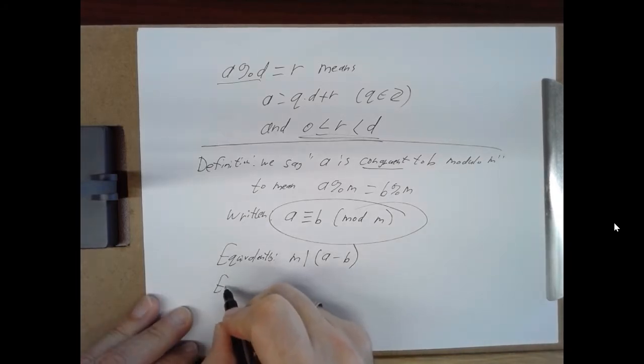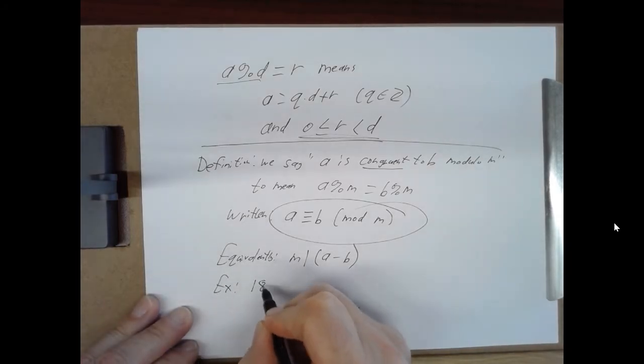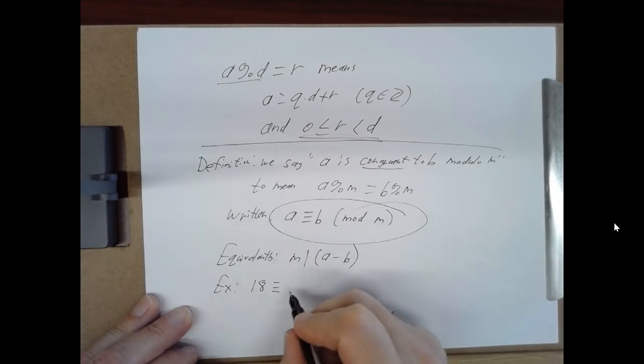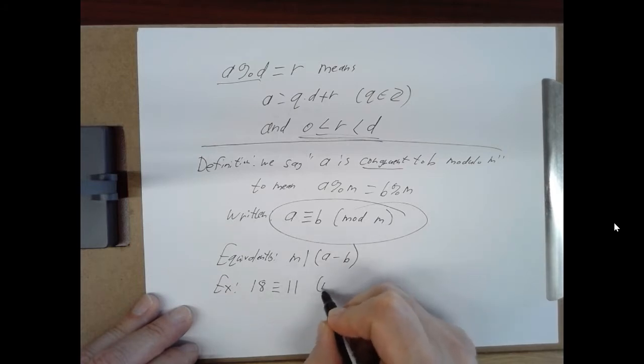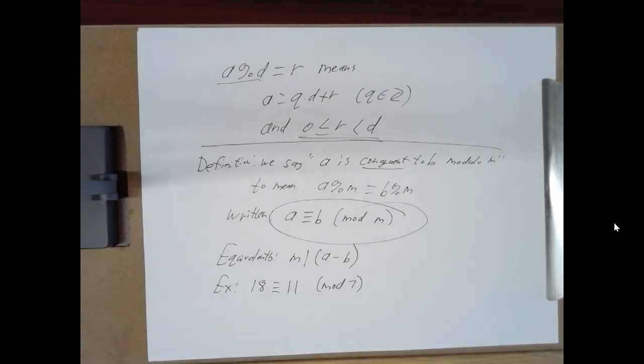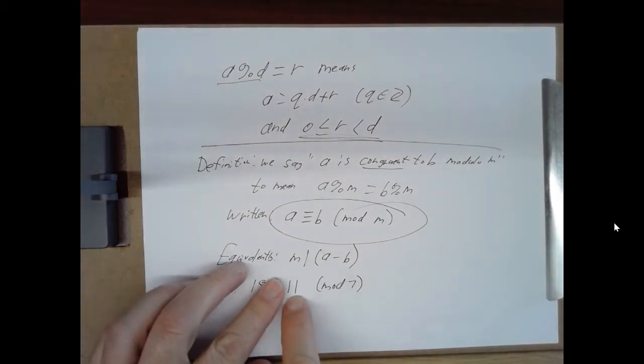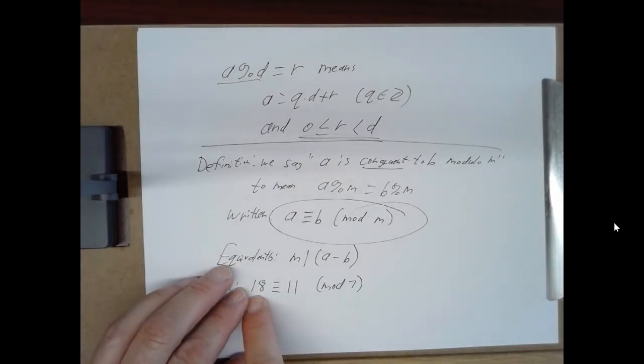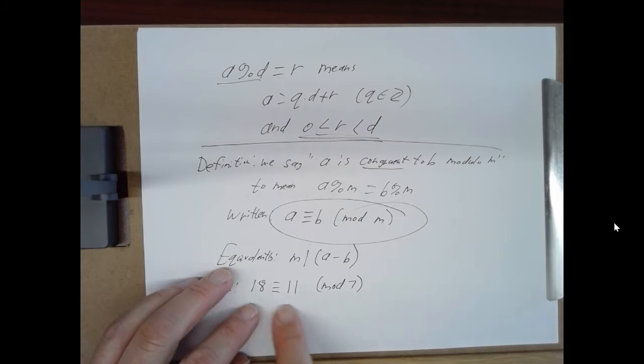So for example, 18 is congruent to 11 modulo 7. And there are two ways to see that. 11 mod 7 is 4. It's 4 more than a multiple of 7. 18 mod 7 is also 4. It's 4 more than 14. But we can also see that their difference, 18 minus 11, is 7.